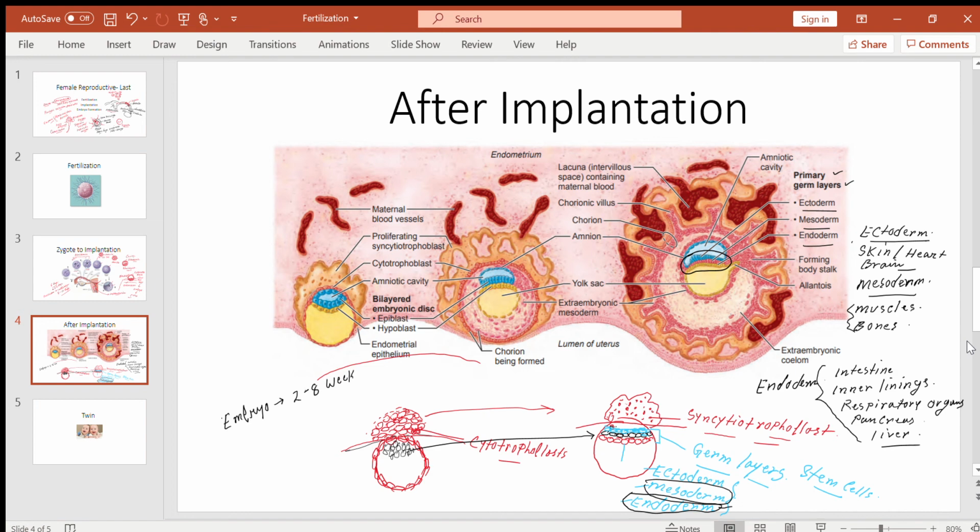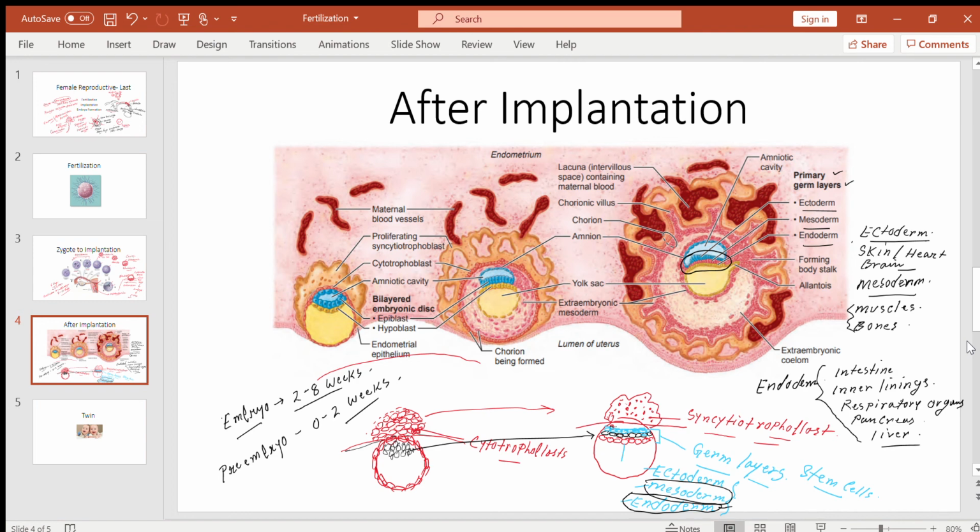So the first 2 to 8 weeks of life is the embryonic period. Pre-embryonic is the first 2 weeks. So the term we use, pre-embryo, is 0 to 2 weeks. So the first 2 weeks is pre-embryo, and then 2 to 8 weeks embryo, then fetus.